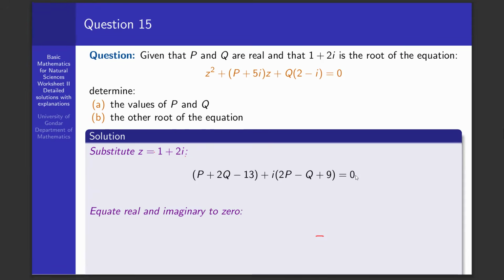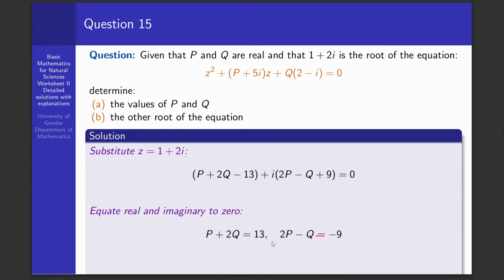And then equating the real and the imaginary parts, because the first expression enclosed by the first bracket is the real part, and 2p minus q plus 9 is the imaginary part, we have this equation: p plus 2q is equal to 13, because it is 0 plus 0i, and 2p minus q plus 9 is equal to 0, or 2p minus q is equal to minus 9.